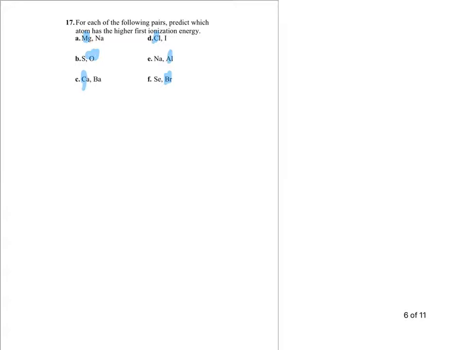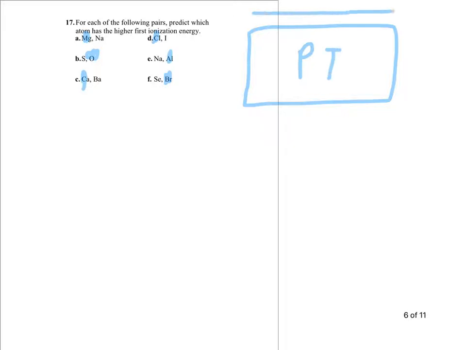Magnesium and sodium are in the same period in the periodic table. As we go across for ionization energy, it gets larger as we go across. The magnesium, farther to the right, is larger.